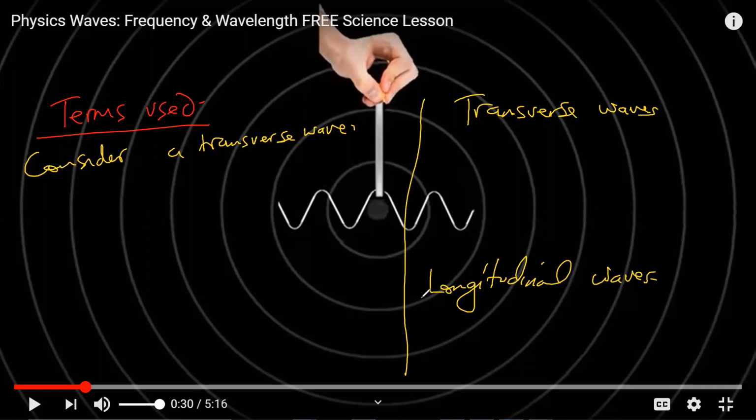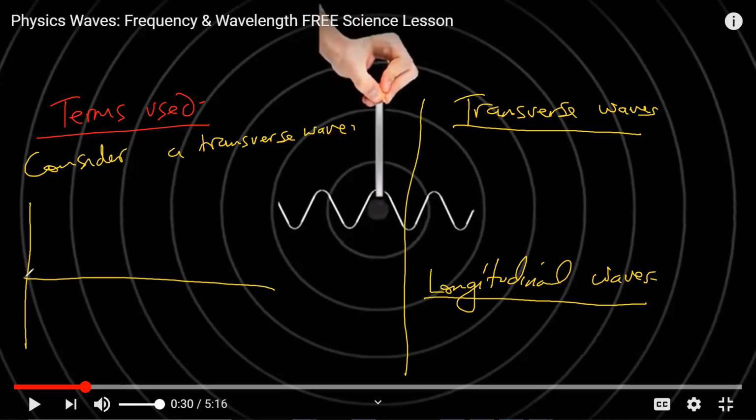Look at this as well, maybe after the break. But at the moment, we have terms used in waves. You can draw this. I'll explain this again. This is how we represent a transverse wave. So we can draw this diagram as well.